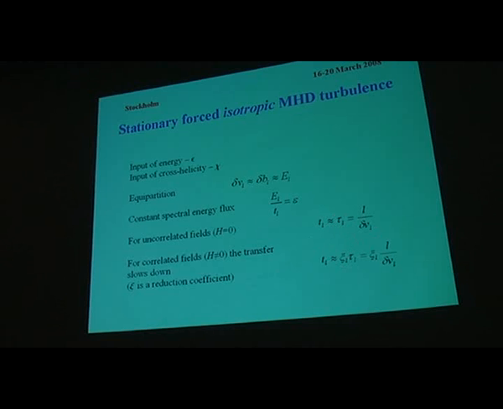It means that the vortex can be very strong, but due to the compensation of the nonlinear term, magnetic and velocity, the transfer is reduced. And this psi L is the coefficient which gives the ratio of the characteristic transfer time and the turnover time.